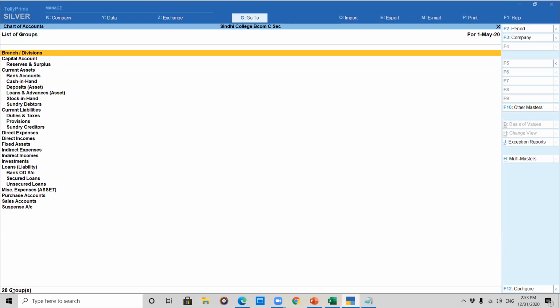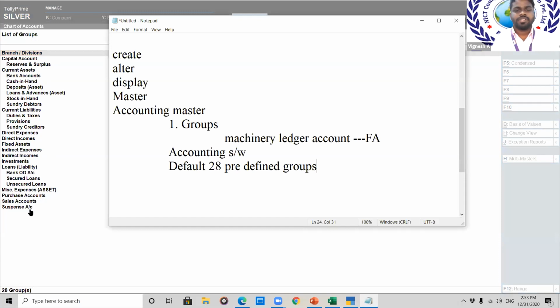Yes, sir, there are 28 groups in the list. In these 28 predefined groups, there are 15 primary groups and 13 subgroups. You can see the structure itself.